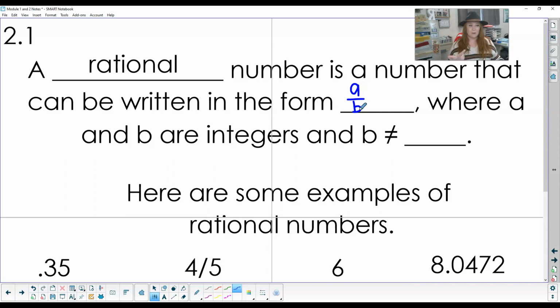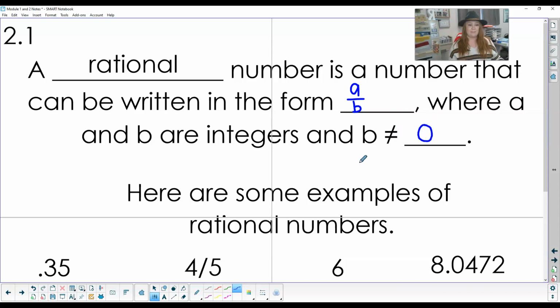So they have to be whole numbers, so positive or negative, but they have to be whole. So counting numbers, 1s, 2s, 3s, and so on. So we can't have like 7.2 as A. That's not a whole number. Whole numbers and B cannot equal 0.